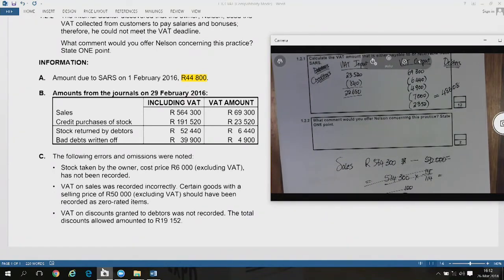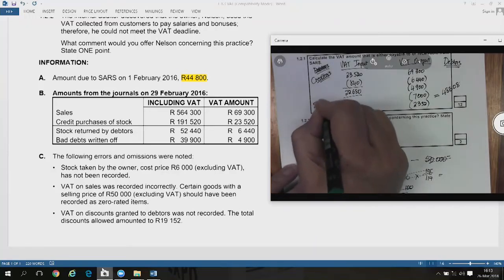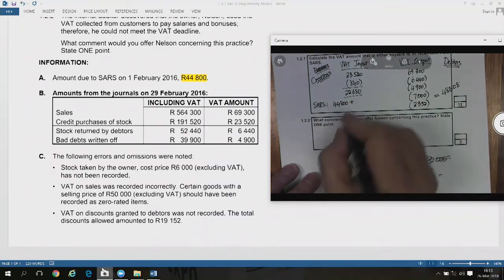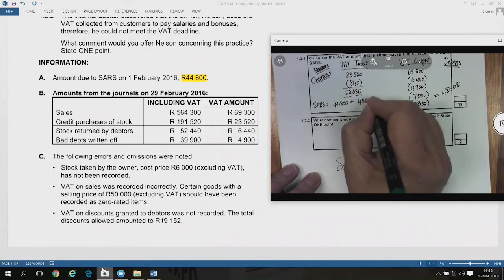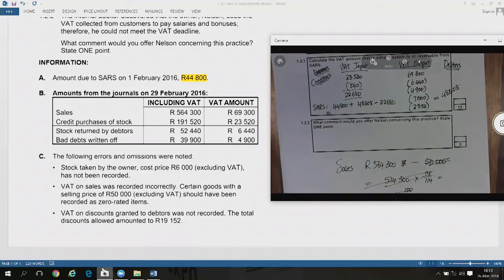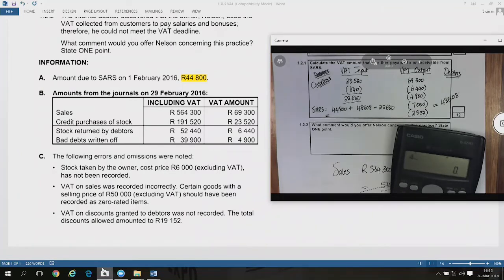So now we can say, what is the amount that we owe SARS? We owe SARS 44,800 plus output 48608 minus input 22680, and the amount that we owe SARS at the end of February is 44,800 plus 48608 minus 22680, and that amount is 70728.